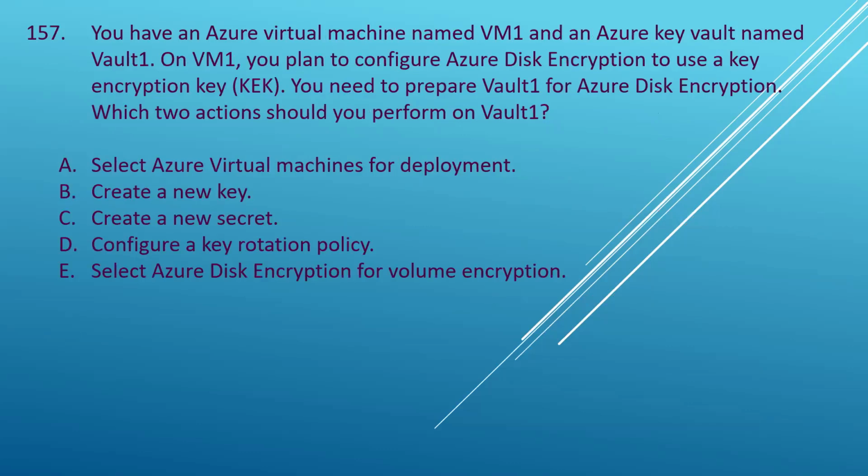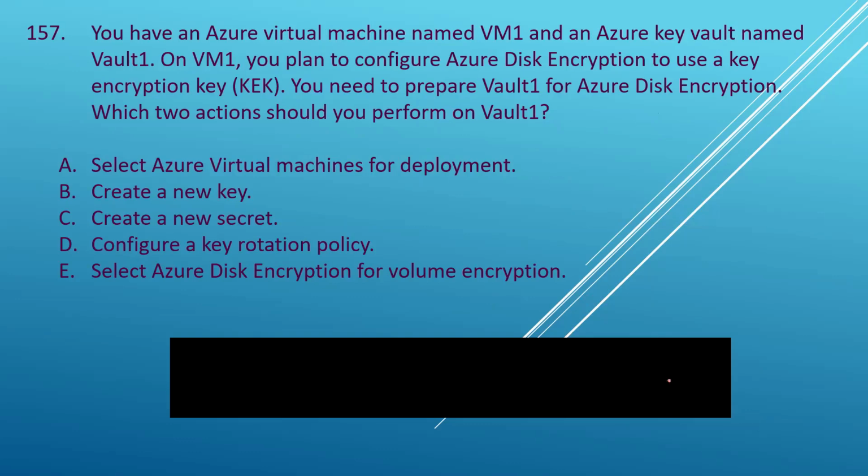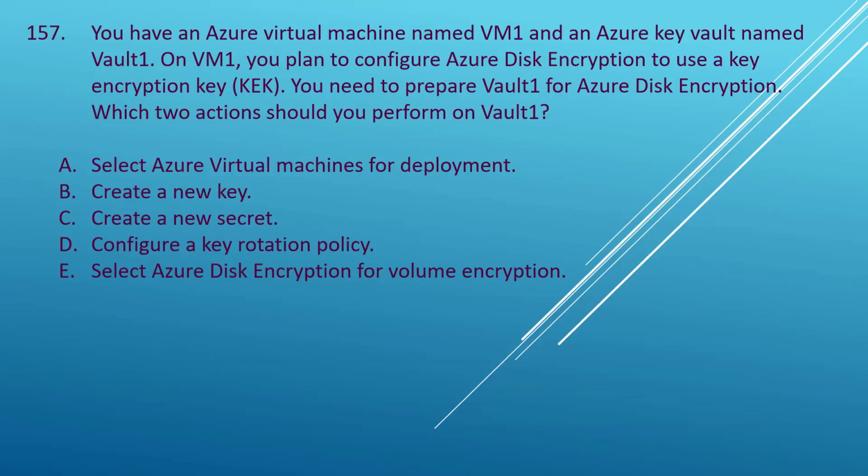Next question. You have an Azure virtual machine named VM1 and an Azure key vault named Vault1. On VM1, you plan to configure Azure Disk Encryption to use a key encryption key. You need to prepare Vault1 for Azure Disk Encryption. Which two actions should you perform on Vault1?